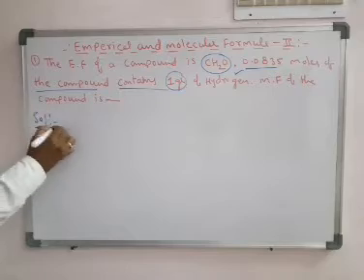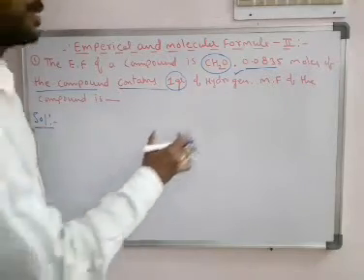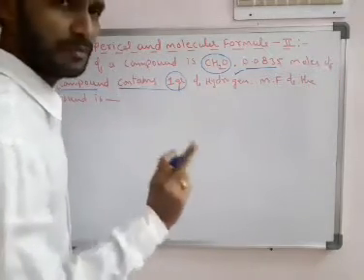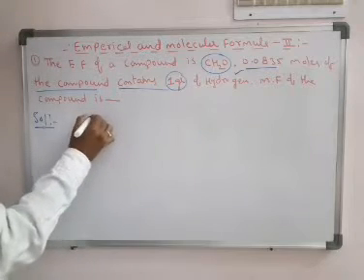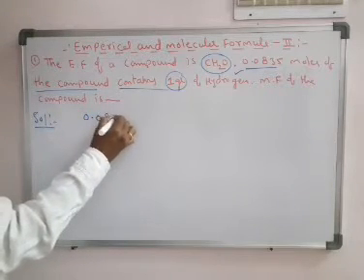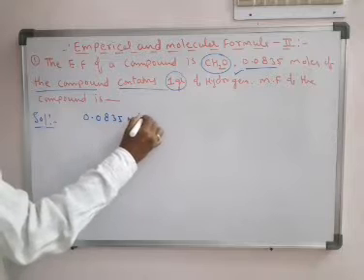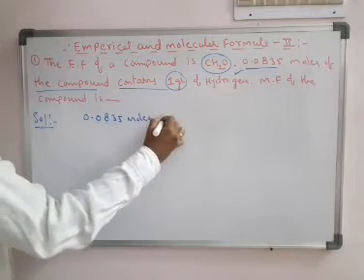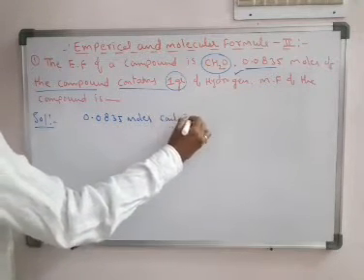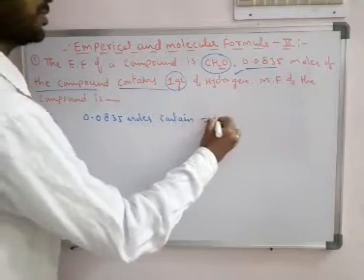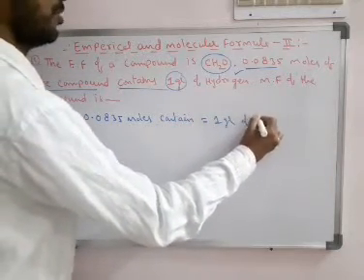So first we calculate how much weight of hydrogen is in 1 mole of the compound. It is given that 0.0835 moles contain just 1 gram of hydrogen.